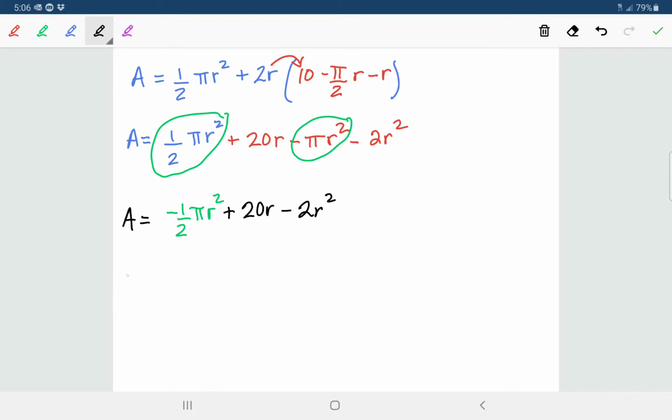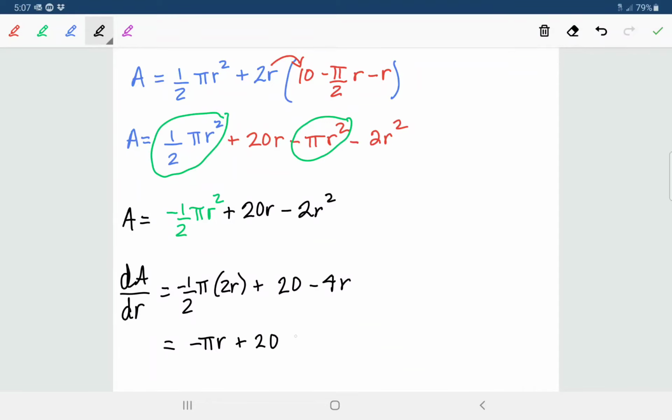Now we can differentiate. The derivative of the area with respect to the radius, using the power rule, is negative 1/2 pi times 2r plus 20 minus 4r. So this is equal to negative pi r plus 20 minus 4r, and this is what we're going to set equal to 0.